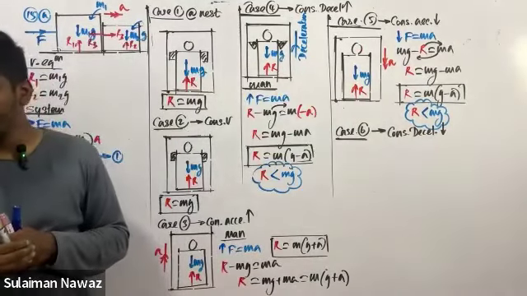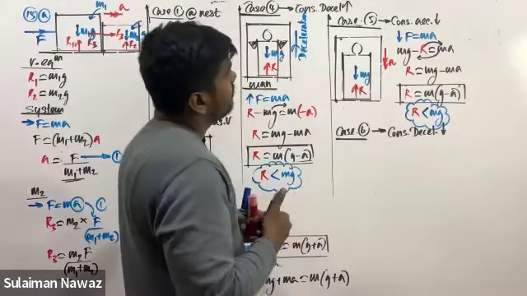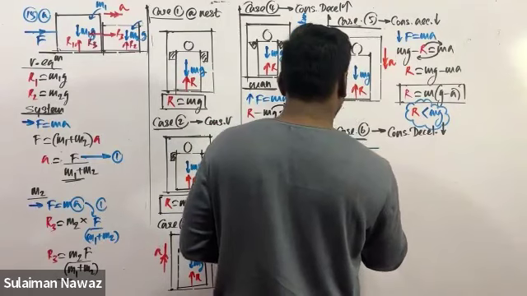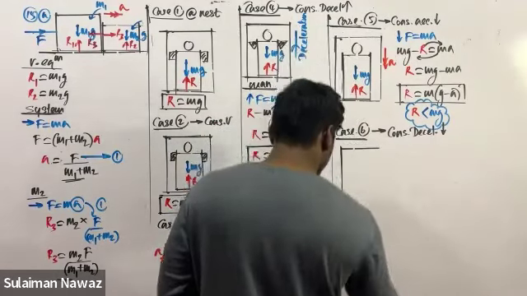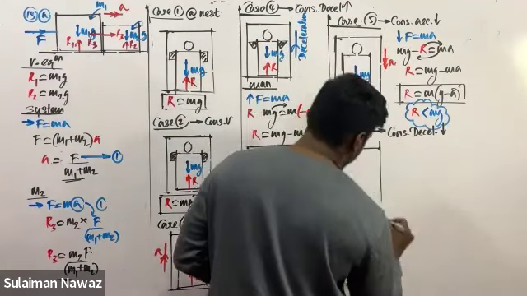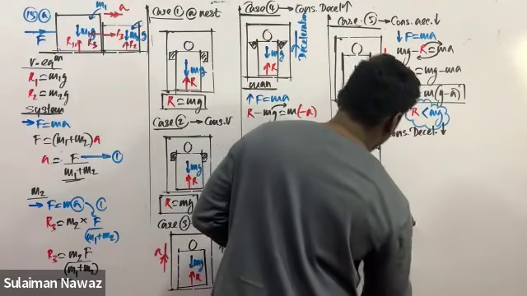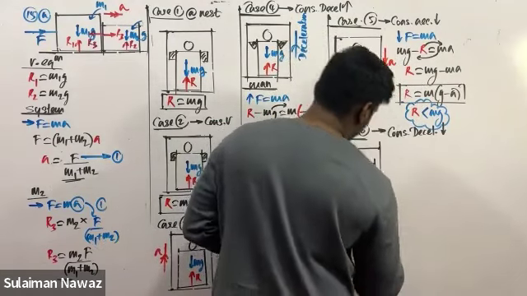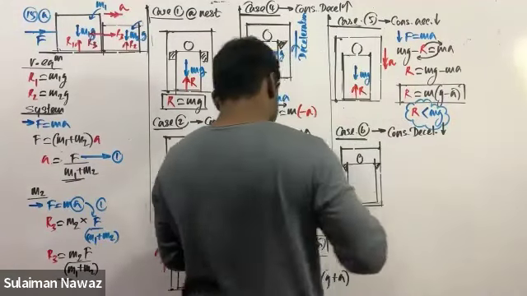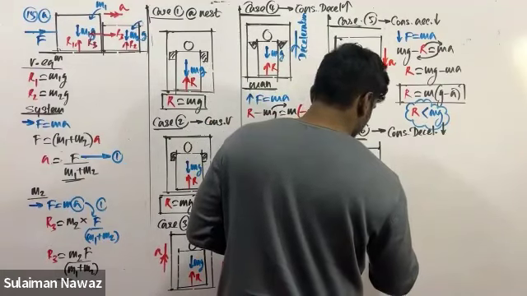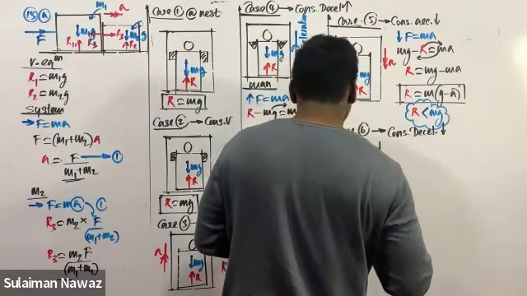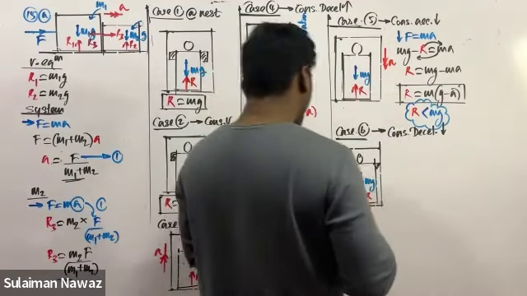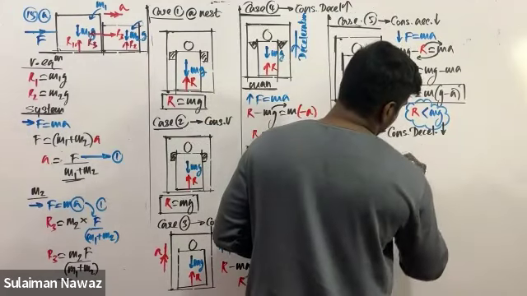In this case, we have mg and R. The lift is decelerating downwards, downward deceleration.